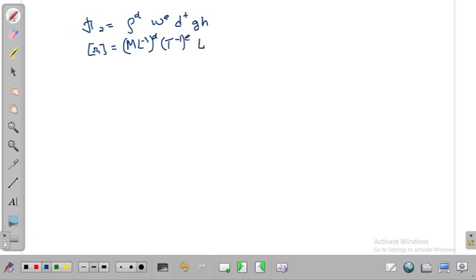The dimensions for d is a length, and we raise it to power f. Then the dimensions for gh is l squared t power -2. So this is what we have on the left hand side, and it should be equals to the dimensions m null, l null, and t null on the right hand side.